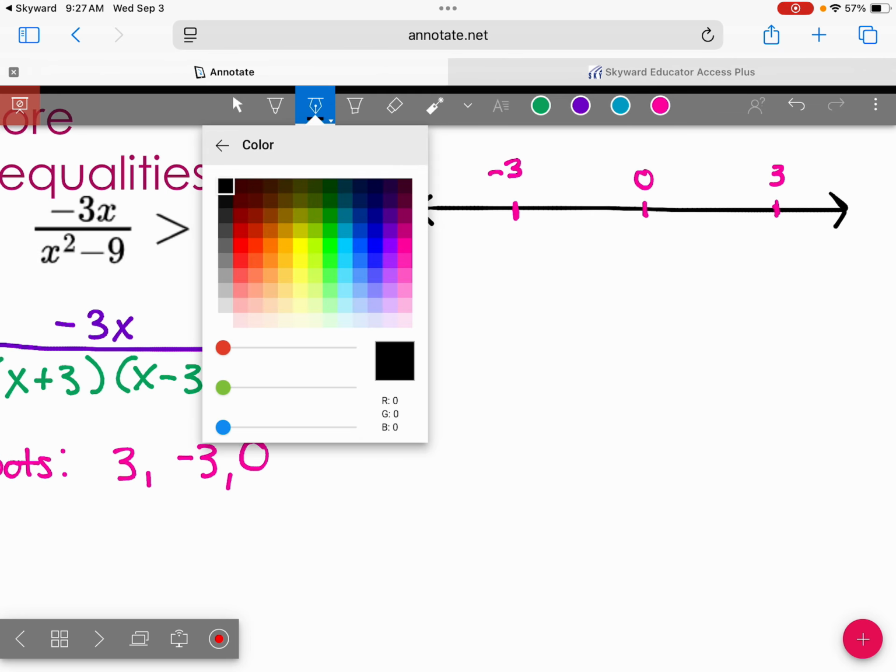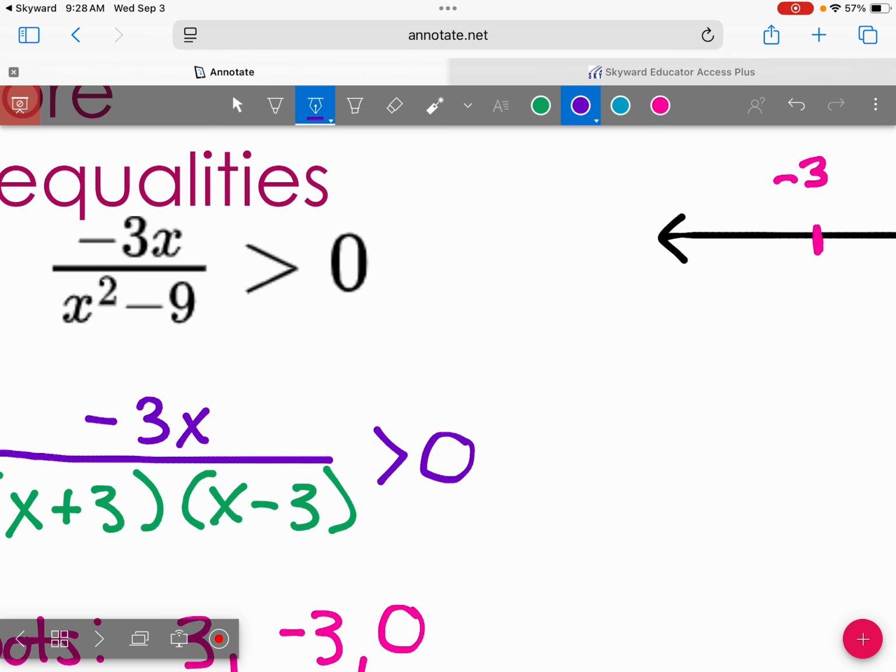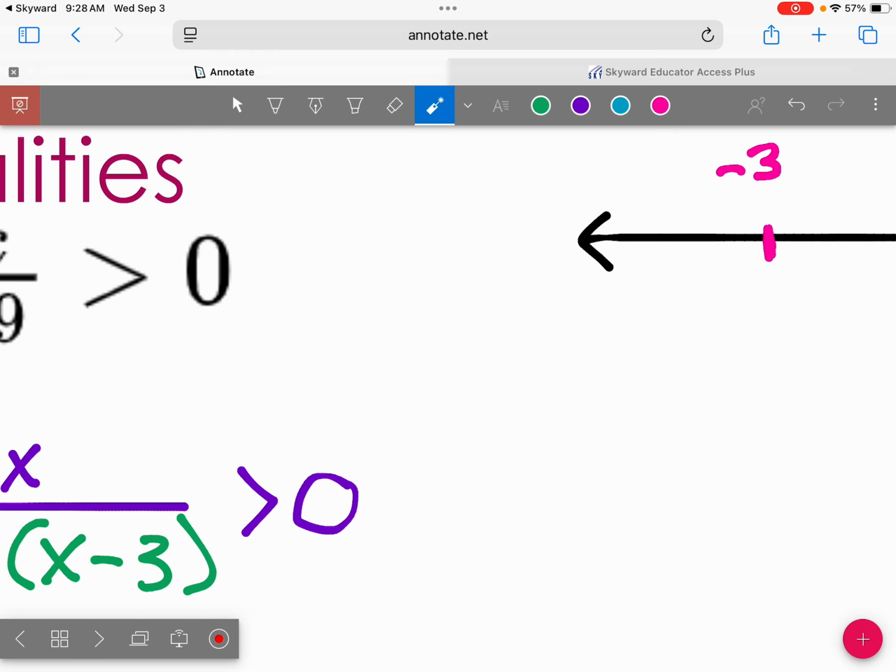And we're going to put all of our factors over here. You can either put the -3 on its own, so like if you have a coefficient, you can put that on its own. Or you can keep it with its little buddy. So this guy's with his little buddy here. I'm going to put the whole negative 3x here, especially when we have a coefficient that is negative.